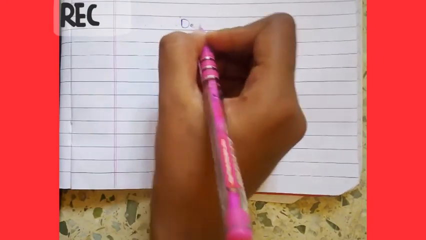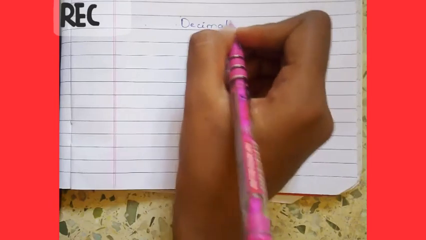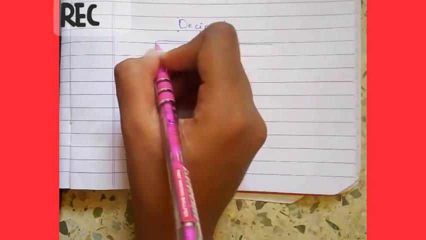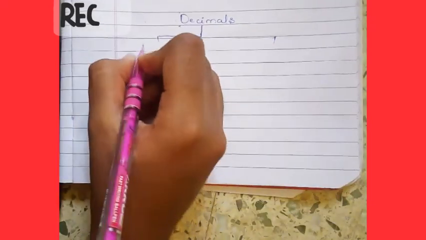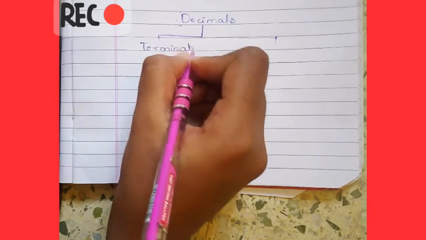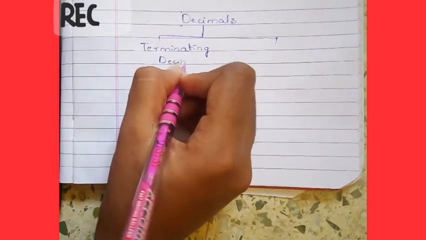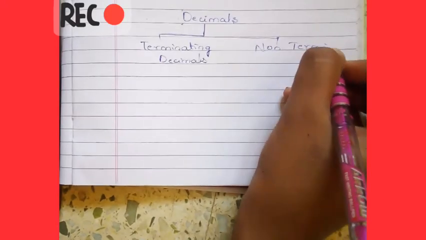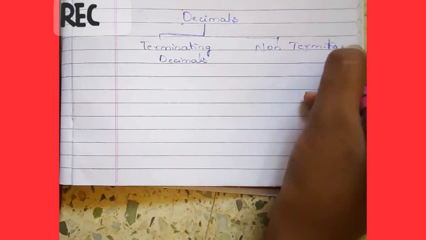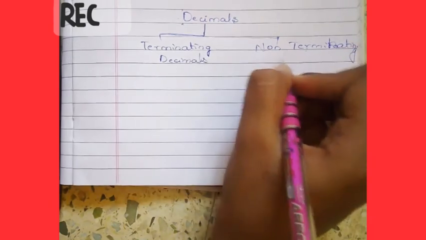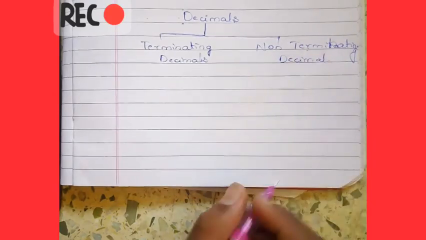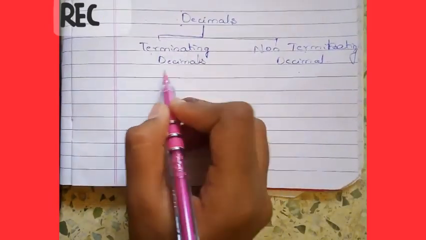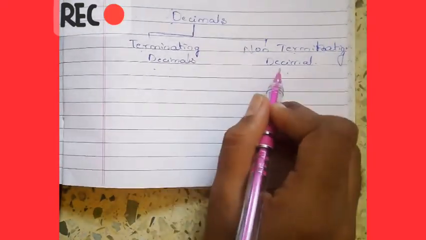So decimals have two types, that are terminating decimals and non-terminating decimals.